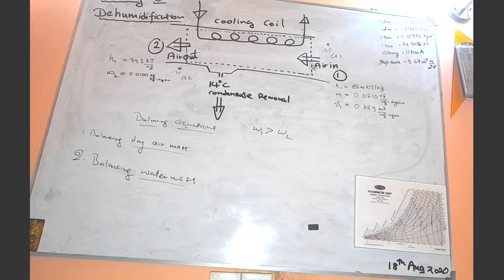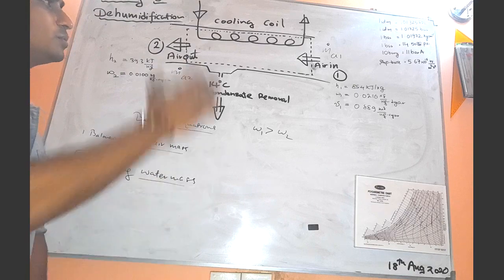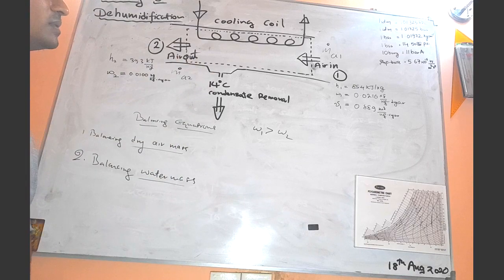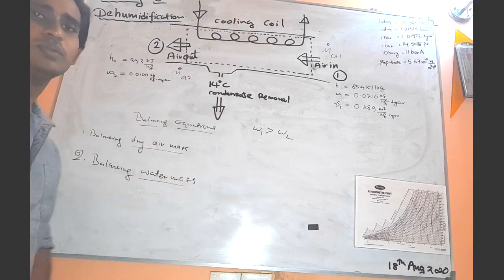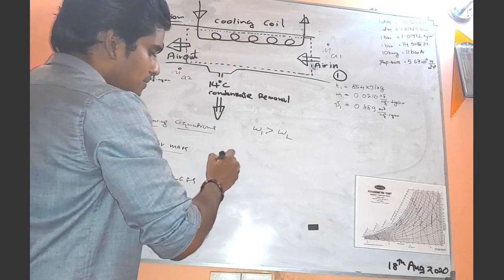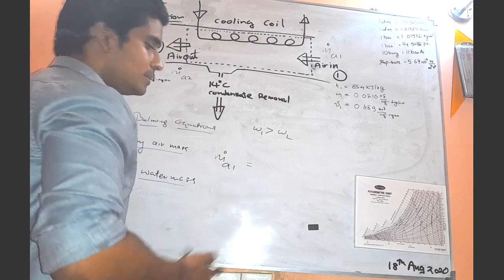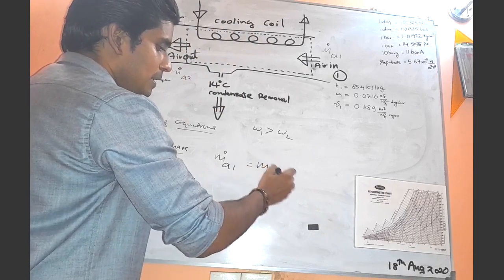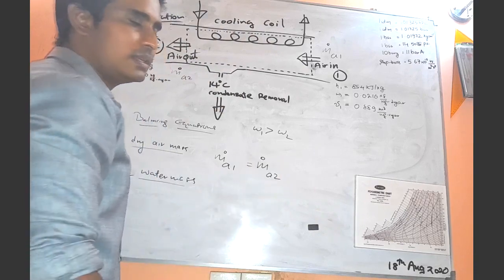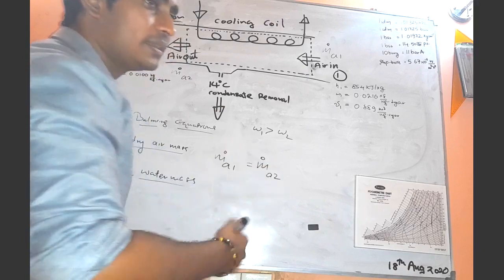If you consider the entrance and outlet, you can very clearly say that ma1 dot mass flow rate equals ma2 dot. This dot stands for flow rate.